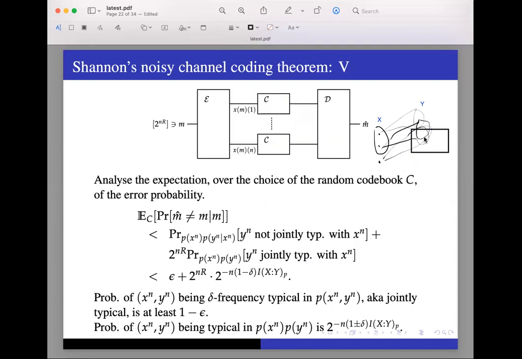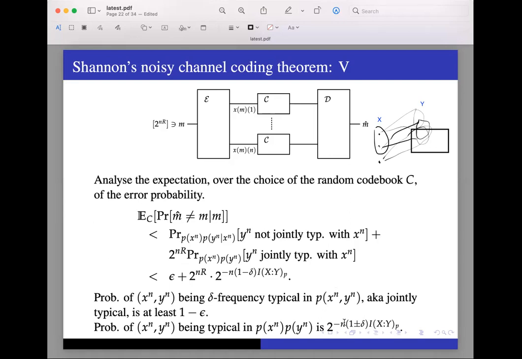Once you have this picture in mind, you can calculate what fraction of these cones intersects with this part, and you will end up with a quantity something like this.